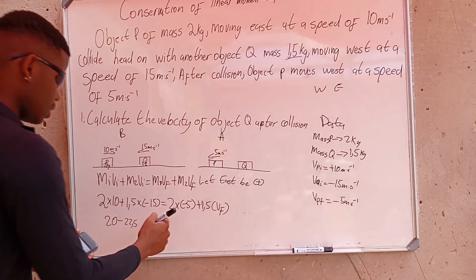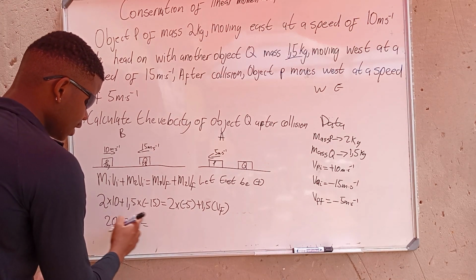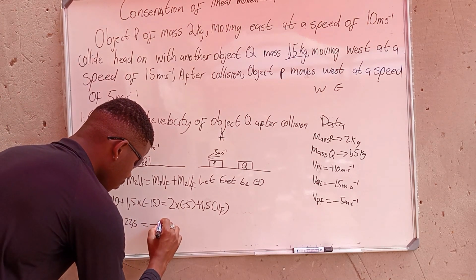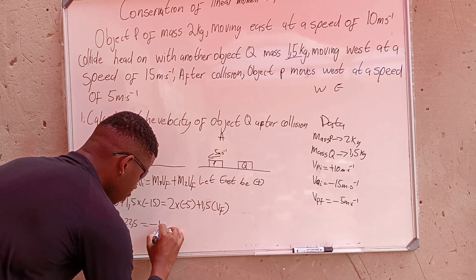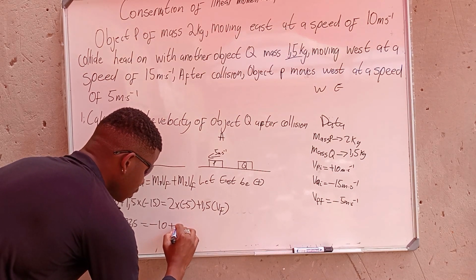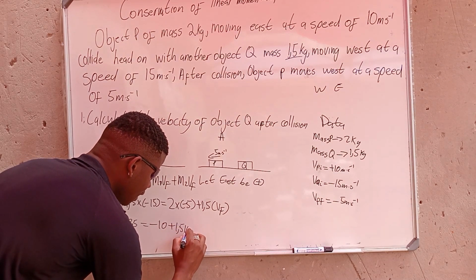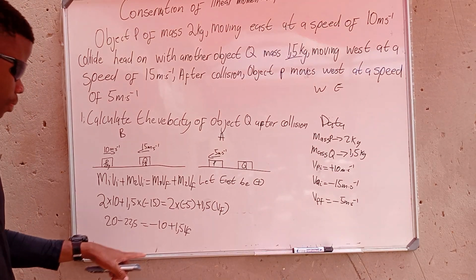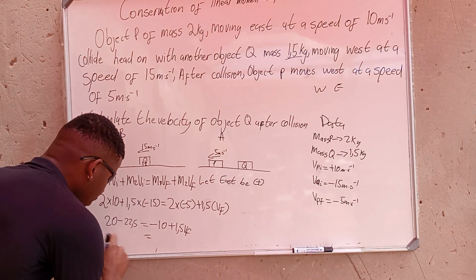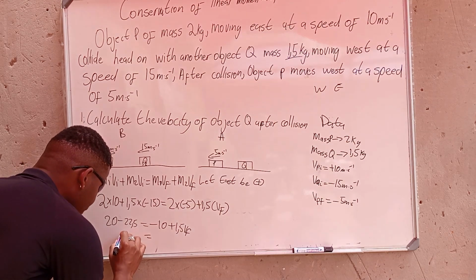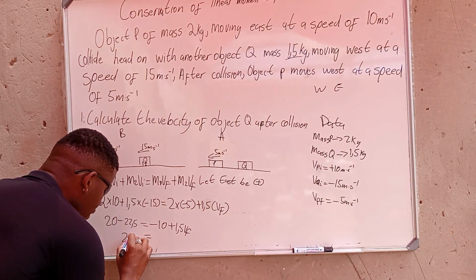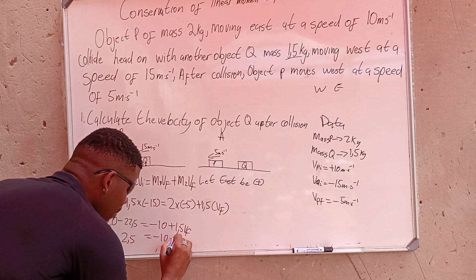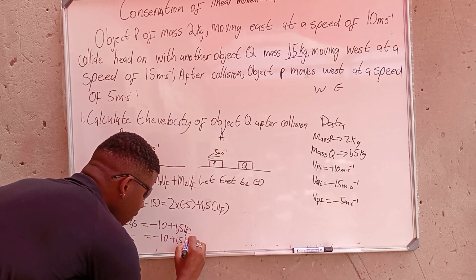Then we multiply this side: negative 10 plus 1,5 VF. Algebra: 20 minus 22,5 gives us negative 2,5, which equals negative 10 plus 1,5 VF.